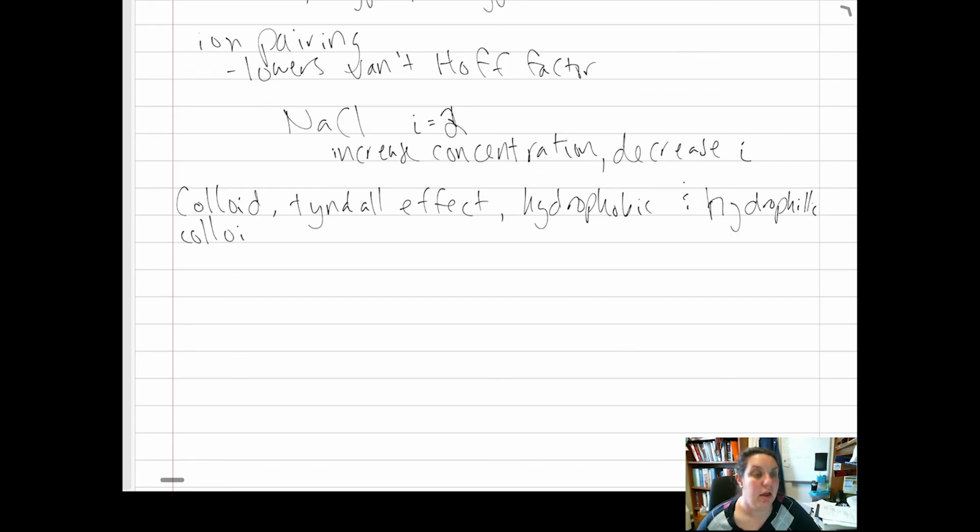Okay. You should understand what Brownian motion is and how it is related to particle size in a colloid, and how it's related to the mean free path.